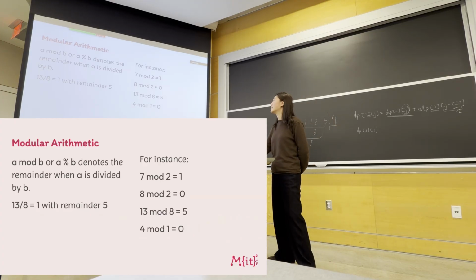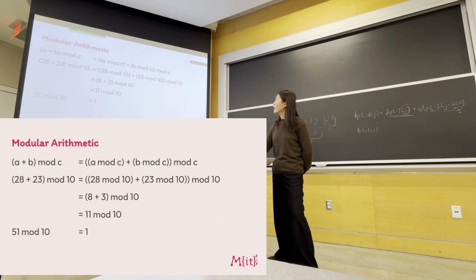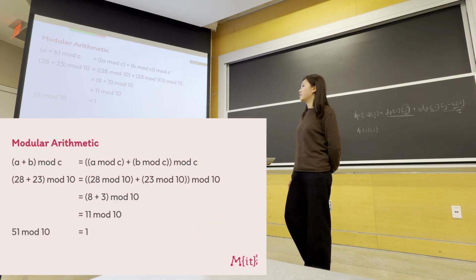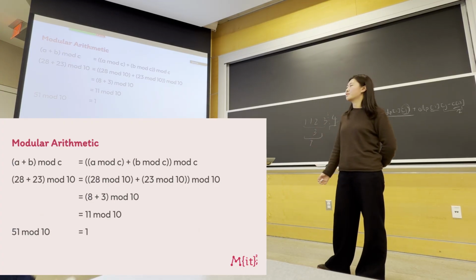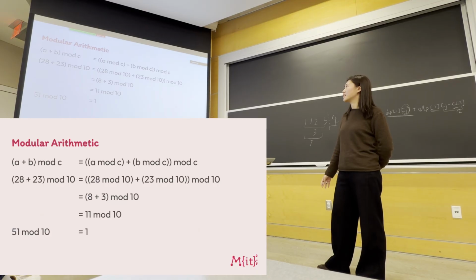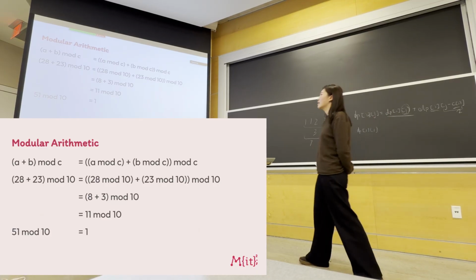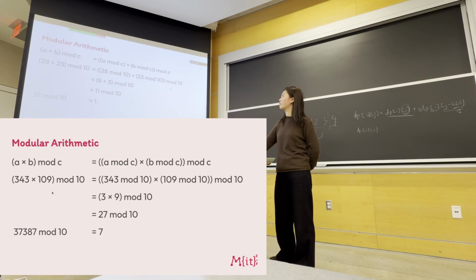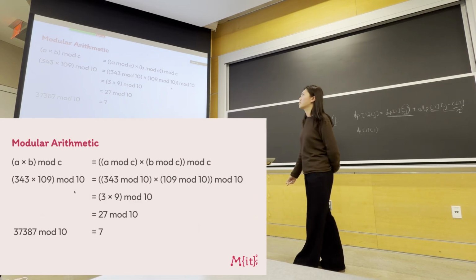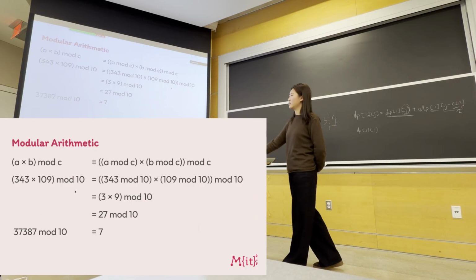A mod B is just the remainder when A is divided by B. The main property that we use for coding problem solving is that (A plus B) mod C equals (A mod C plus B mod C), and then we mod everything by C. For instance, 28 plus 23 mod 10: 28 mod 10 would be 8, and 23 mod 10 would be 3, and 11 mod 10 would be 1, which is the same as 51 mod 10. The same works for multiplication.